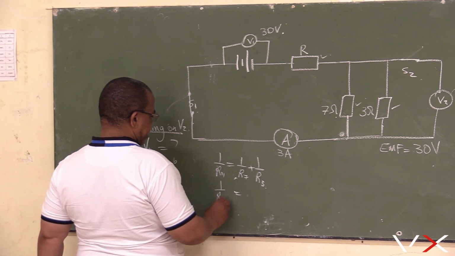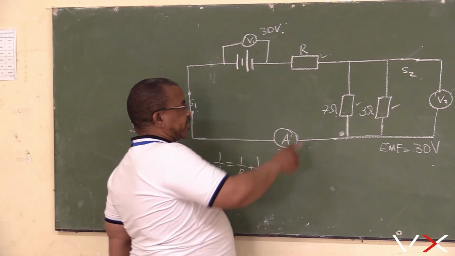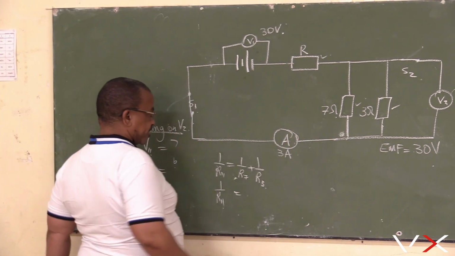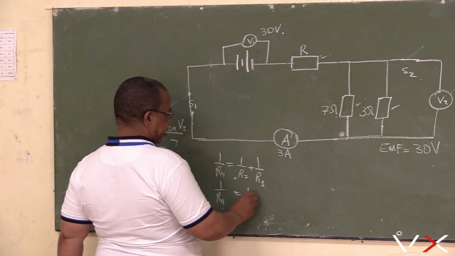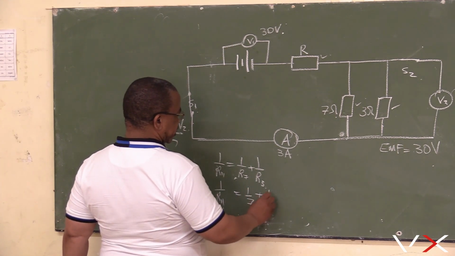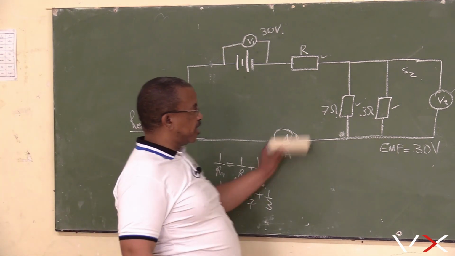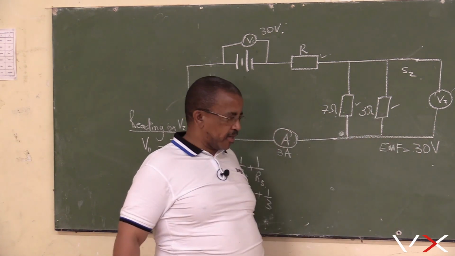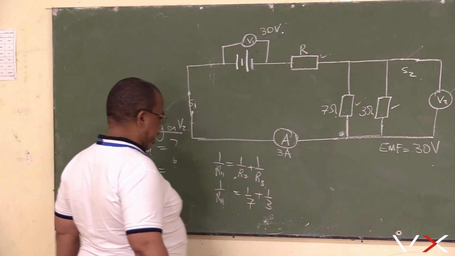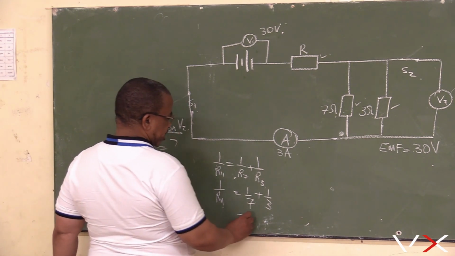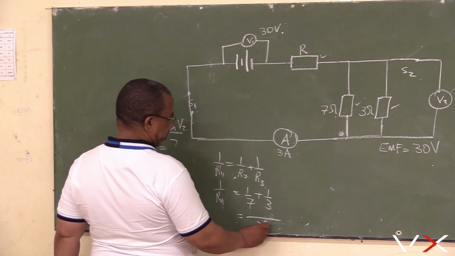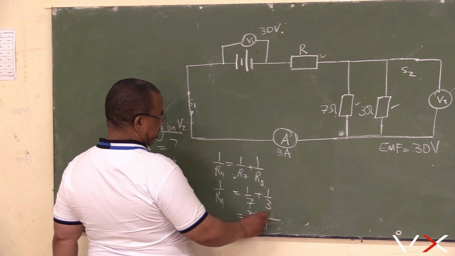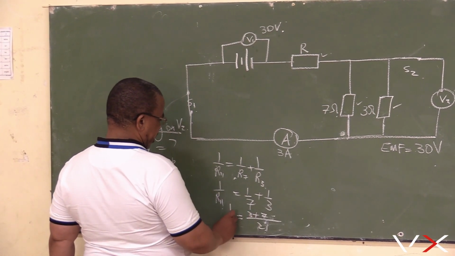1 over R parallel, 1 over 7 plus 1 over 3. But these two are connected in parallel. And no-7, no-3 are connected in parallel, no-V2. So V2 is V parallel. You only reading of V2 there. 7 times 3, 21. 7 times 3, 3 plus 7, so which is 1 over R parallel.